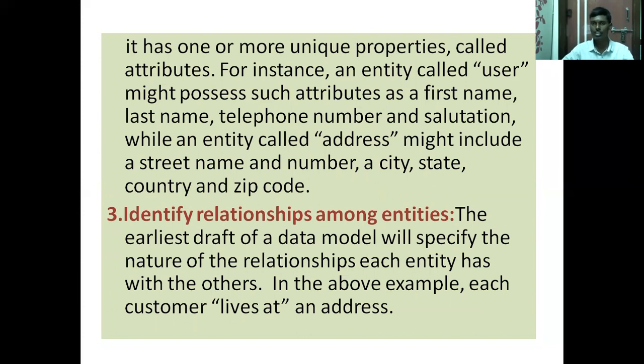For instance, an entity called user might possess such attributes as a first name or last name, telephone number, and salutation, while an entity called address might include a street name and number, a city, state, country, and zip code. User means a customer, which can be validated.